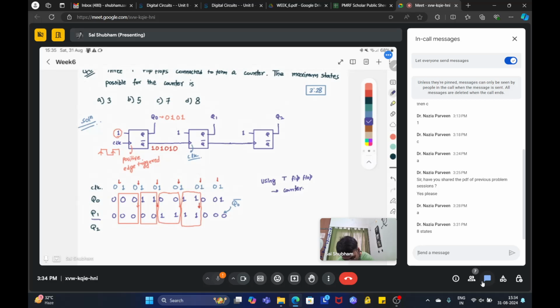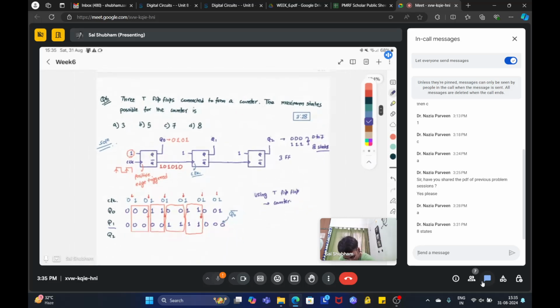Since there are three T flip flops, it can go from 0, 0, 0 to 1, 1, 1, which is 0 to 7, which is 8 states. So I hope this is clear. I will move on to the next question.